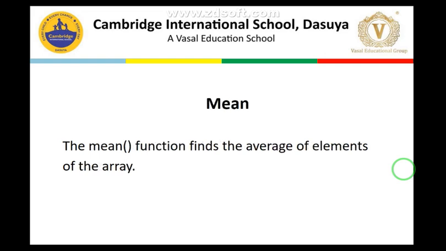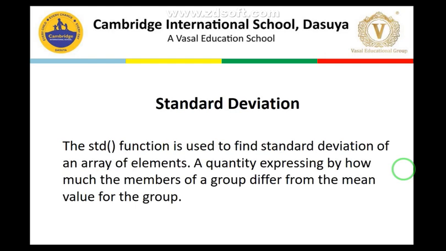Then we have mean function, that is to find the average of elements. Like let's say in a class that contains 20 students, 30 students, we want to find the average height of the students. So that is what we meant by a mean or average. Then is the standard deviation. So this is one more important statistical operation. So standard deviation function is used to find the standard deviation of the array of elements.